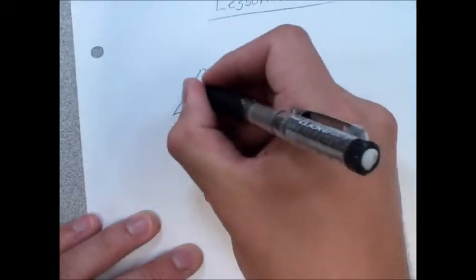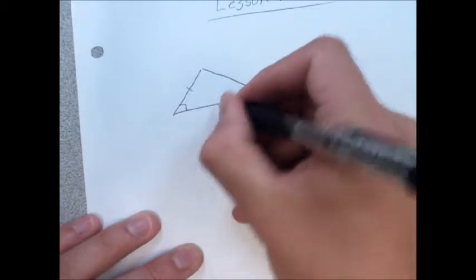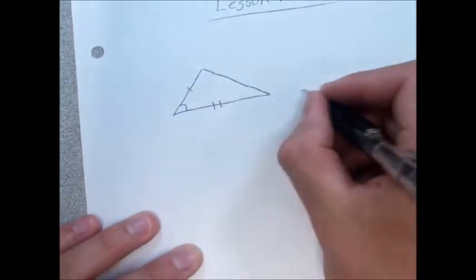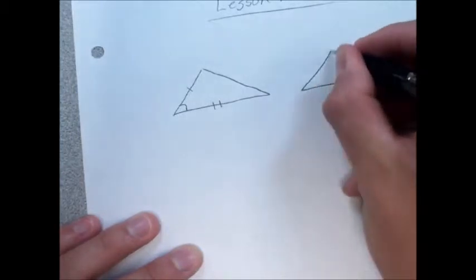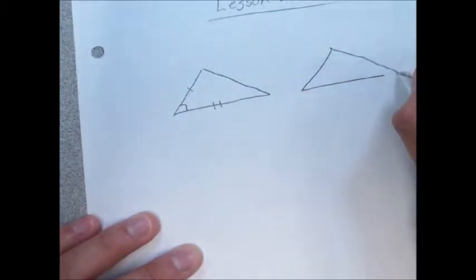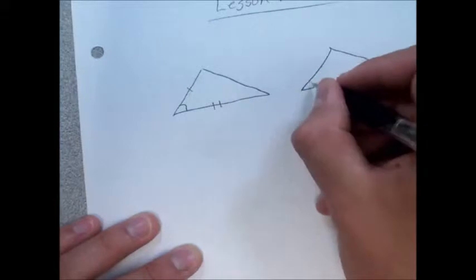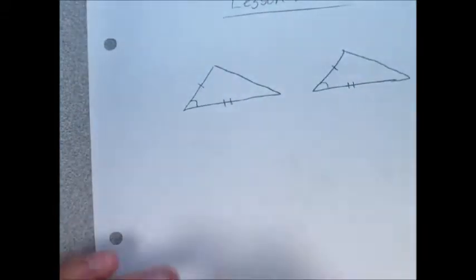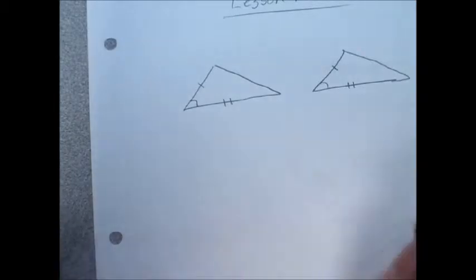So if this side, this angle, and this side, these don't necessarily have to be the same, are the same as a different triangle that has similar measurements, where this angle, this side, and this side are, then I can state that the two triangles are congruent.